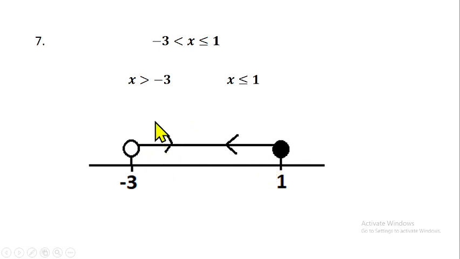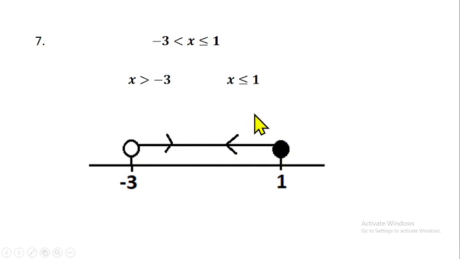So you locate your minus 3 and your 1. Then let's see where the arrow will go. The range of values of x that is less than or equal to 1, where are they? They are this side, so the arrow goes this way. Then the range of values of x that is greater than minus 3, where are they? They are this side, so you can see that they are joined together.